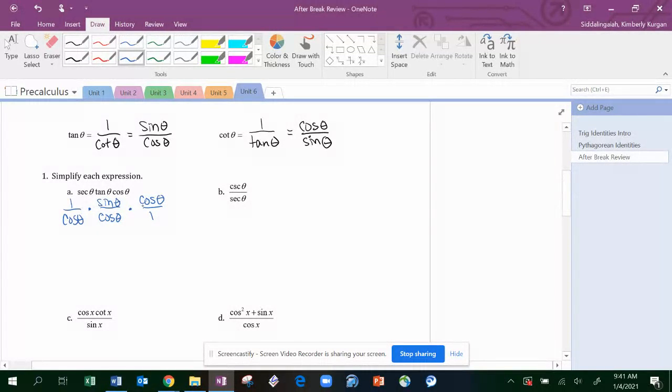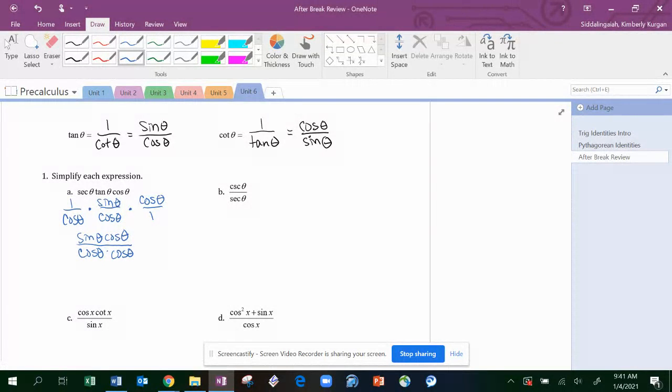So the numerator looks like it's sine times cosine. Times 1 doesn't really matter. And then the denominator looks like it's cosine times cosine, or cosine squared if you prefer.